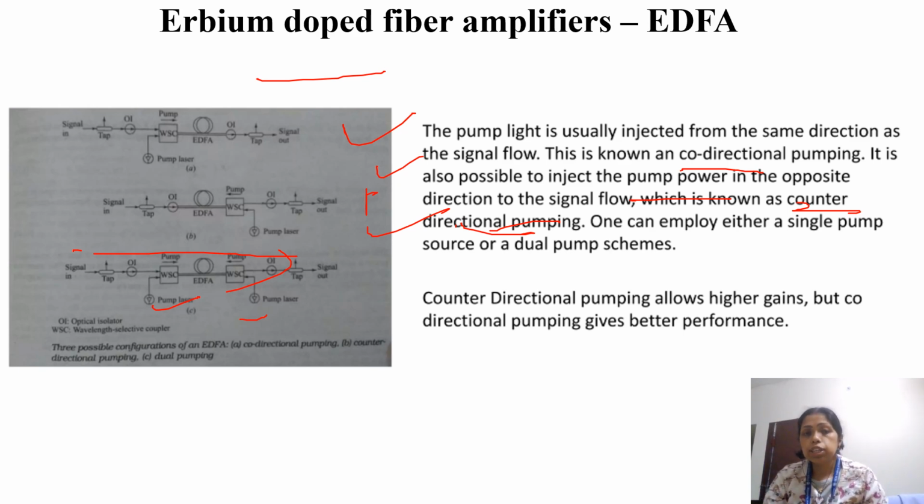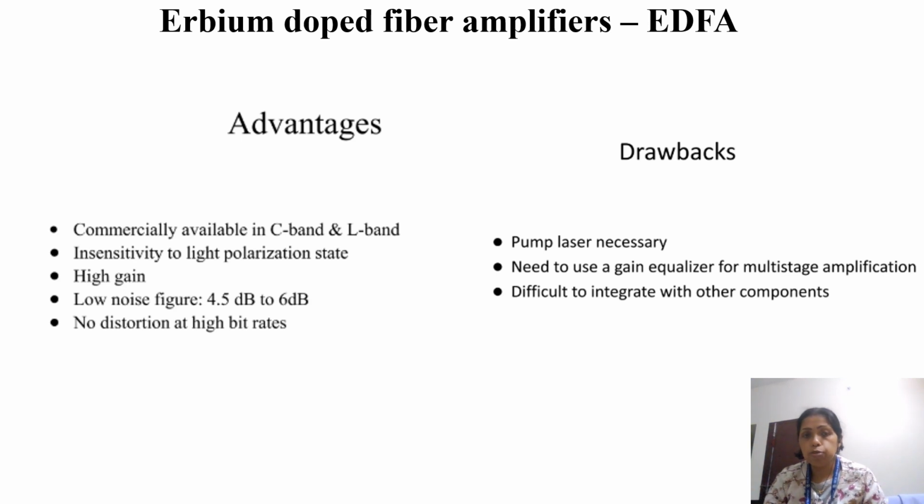There are some advantages and disadvantages in the case of the ytterbium fiber amplifier. The advantages: whatever signals in the C band and L band we provide, both C band and L band are commercially available, and we can get a higher gain from the ytterbium fiber amplifier, as well as no distortion at the end.